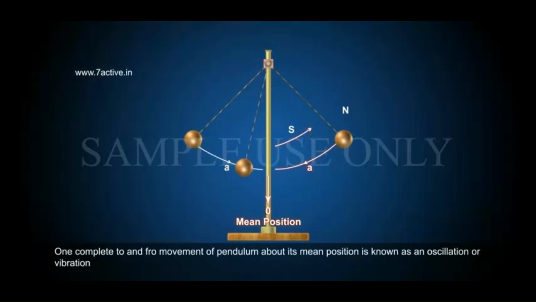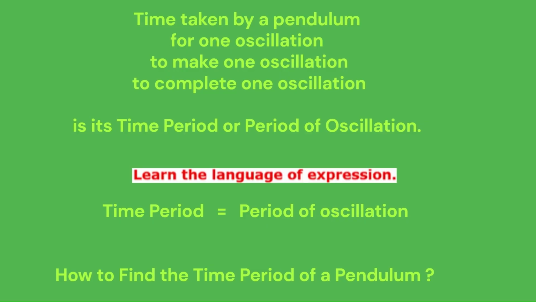Now, two oscillations. 0, 1, 2. Time taken by a pendulum for one oscillation, that is, to complete one oscillation, is its time period or period of oscillation.